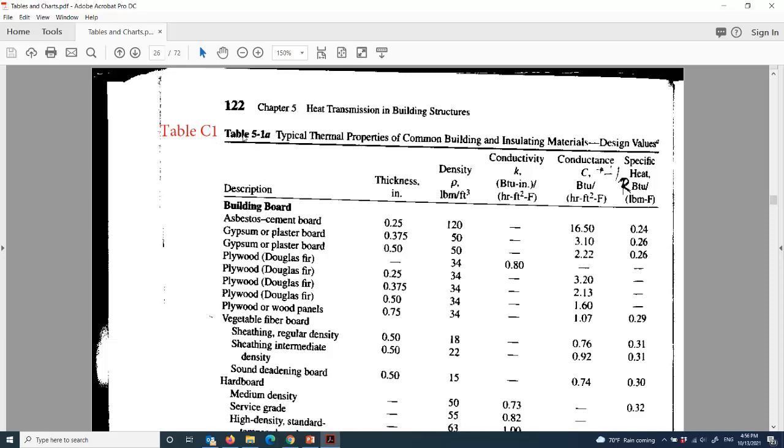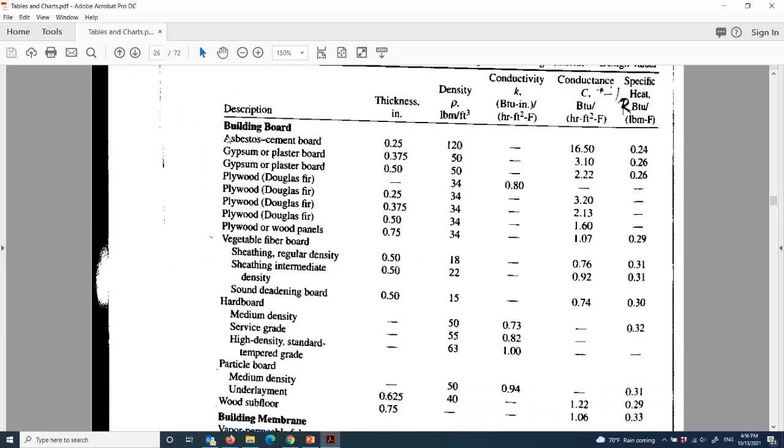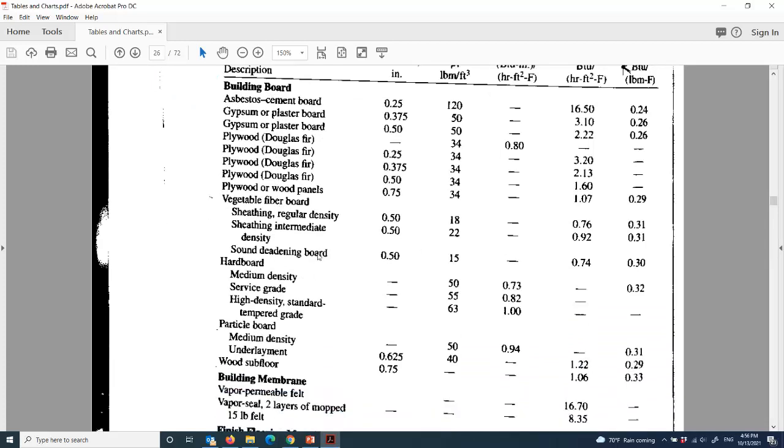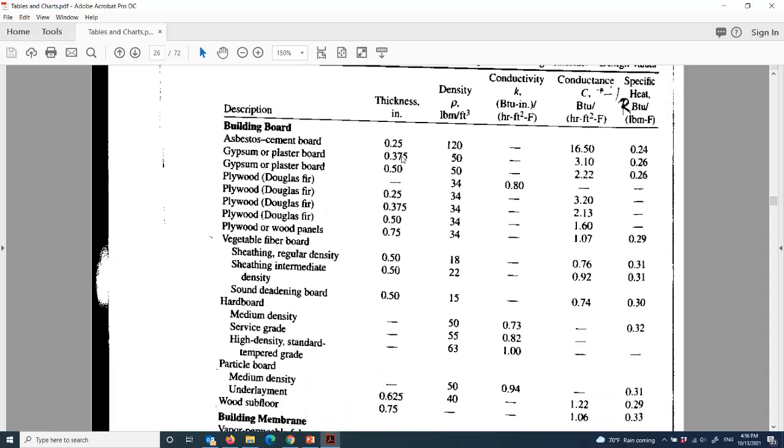We're going to neglect those, as I mentioned before. We're going to use the red for our reference. First you have the building board, such as cement board, gypsum or plaster board, hardboard. If you have the U value, you're going to see the thickness reported. You also have some other values such as the specific heat or the density, but those are not the main things we need.